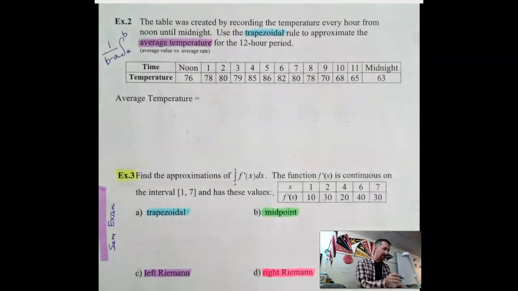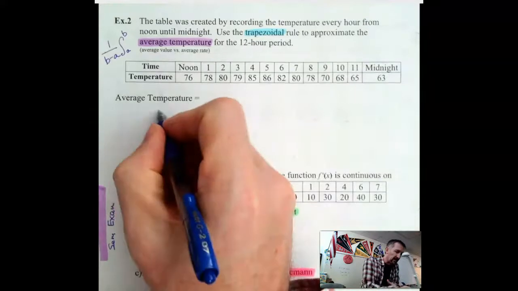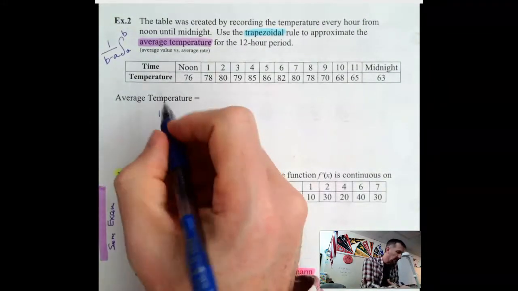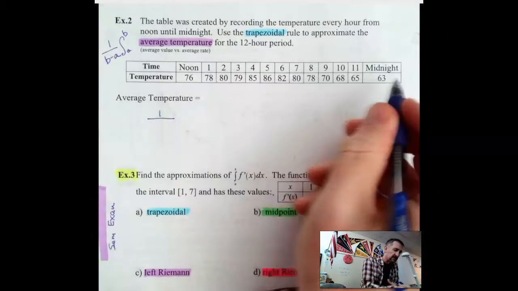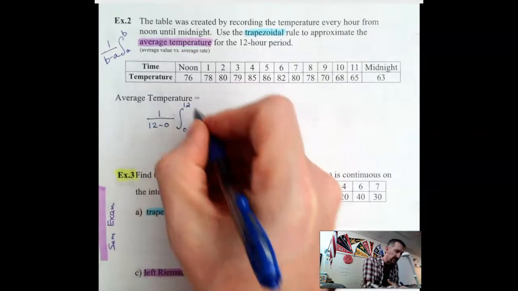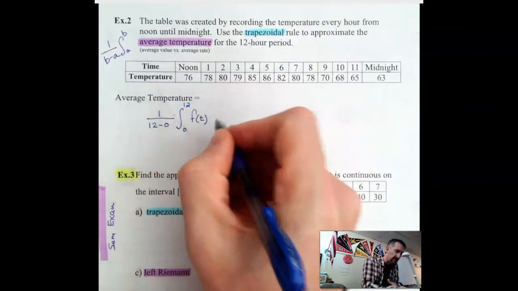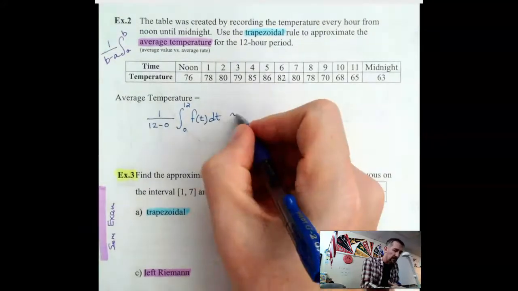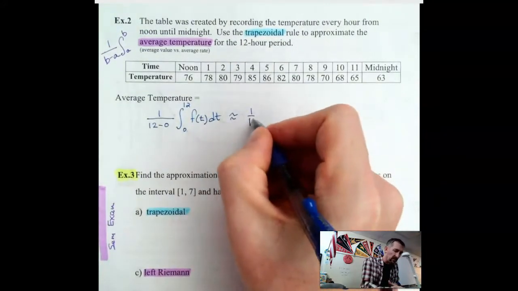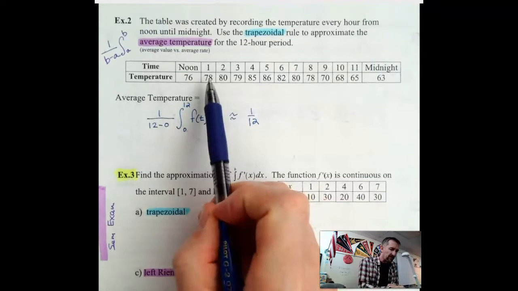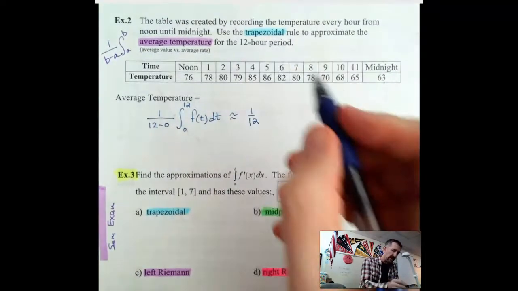Now, we're going to take 1, I don't have a function value here. Let's make it up. So 0 to 12, that's going to be 12 minus 0, and that's going to be 0 to 12 of the function of time. So that's going to be 1/12. And then, if we think about it, we're doing trapezoids, so we're going to have a 1/2.